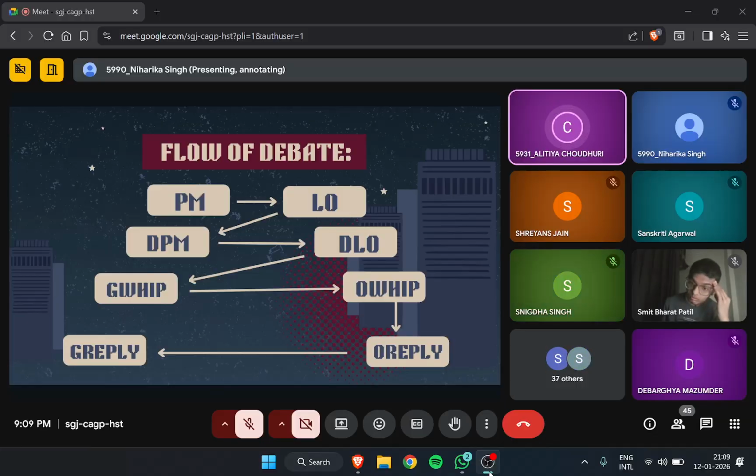But the minor difference that then happens is that instead of having government reply speech, so there's basically something known as a reply speech that happens after three constructive speeches are received from both benches itself. So for the reply speech, instead of going government reply first, you take opposition reply and then you take government reply. So basically, government gets the first speech and the last speech. Next slide.